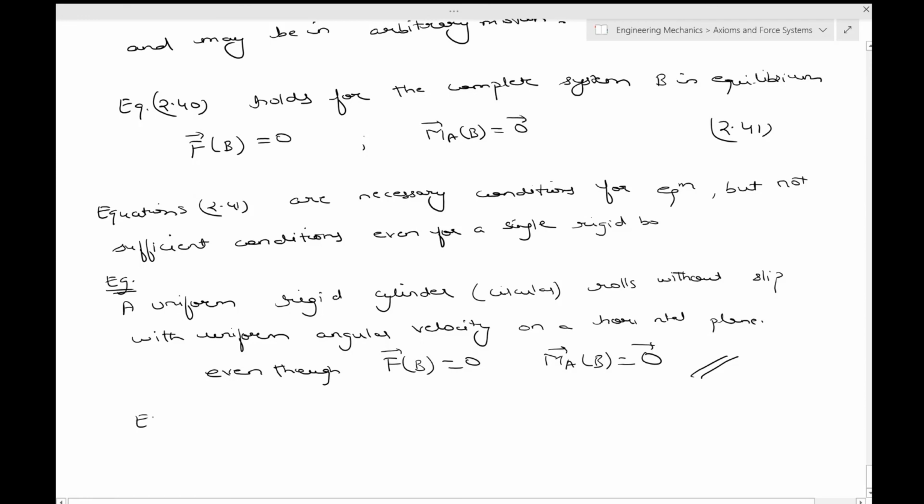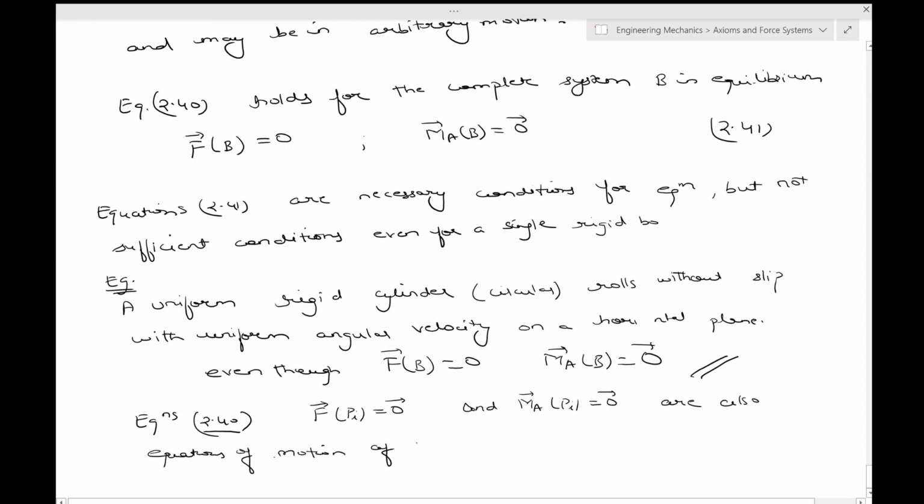Now equation 2.40, let me just put that: the sum of F on P_i is equal to 0 and the sum of m a on P_i is equal to 0 are also equations of motion of an idealized inertialess, so in other words, a very light, negligible mass system.